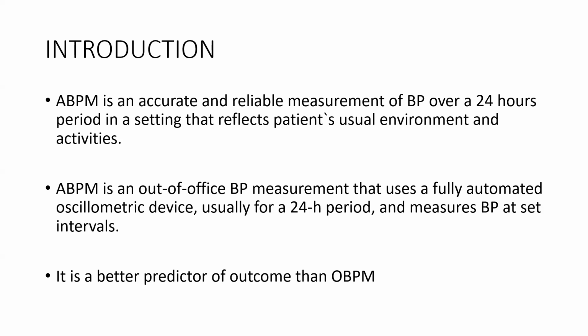Manual measurements are the ones that use mercury sphygmomanometers or the aneroids. Automated ones are the electronic devices that we use for home blood pressure monitoring and sometimes currently in the hospital. So ambulatory blood pressure monitoring uses the automated oscillometric device, usually for a 24-hour period, and measures BP at set intervals.